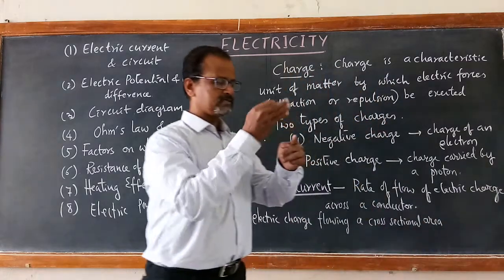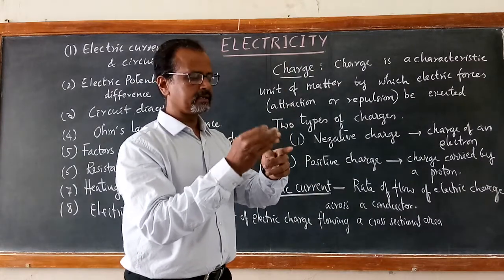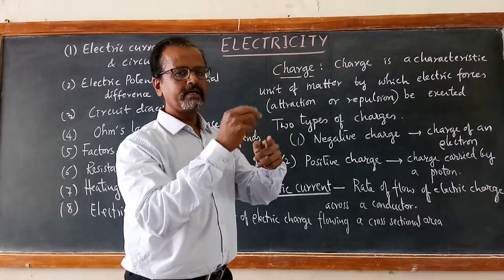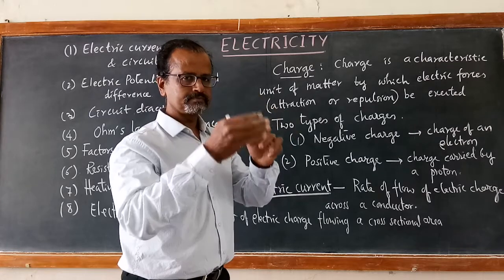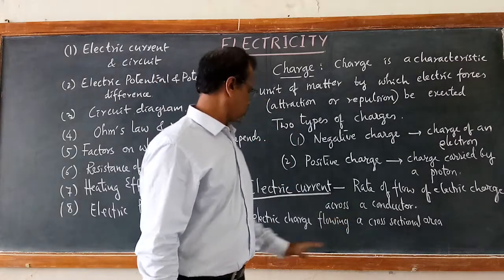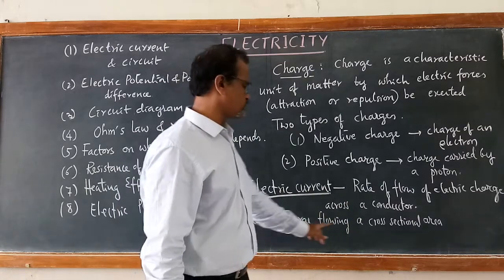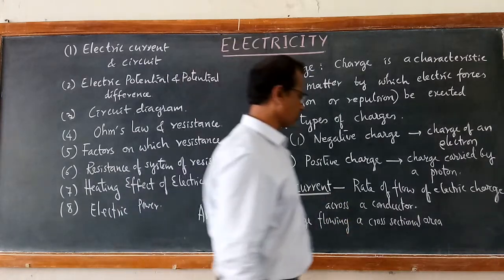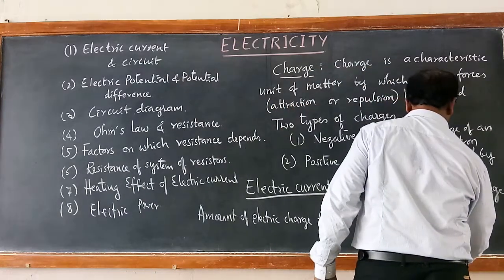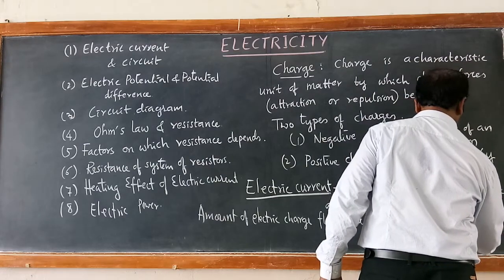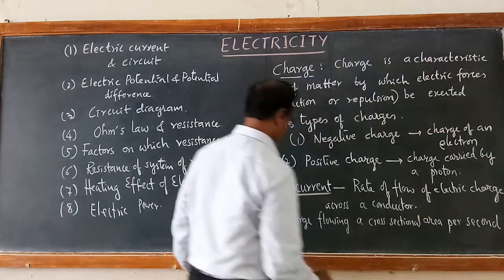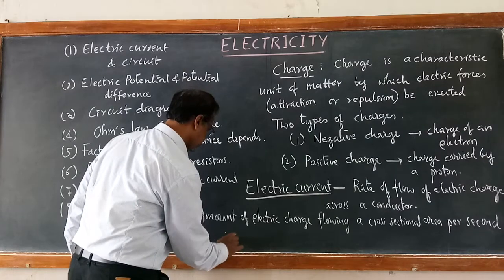Cross section area means the area perpendicular to a wire. That is what we call cross section area. So how much charge is flowing per second across a cross section area per second is called electric current.